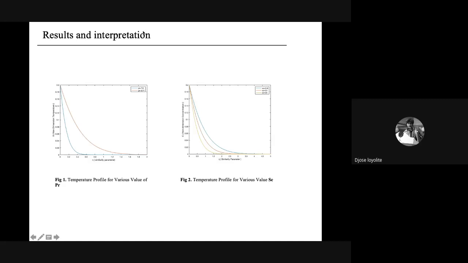Then the concentration profile for various values of Sc. Figure 2 shows Sc equal to 0.16, 0.3, and 0.6, and it is observed that the concentration increases with decreasing values of Sc.